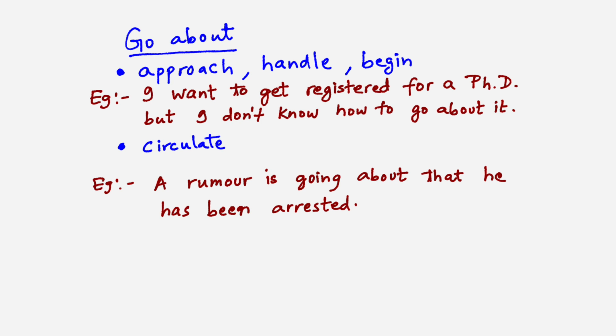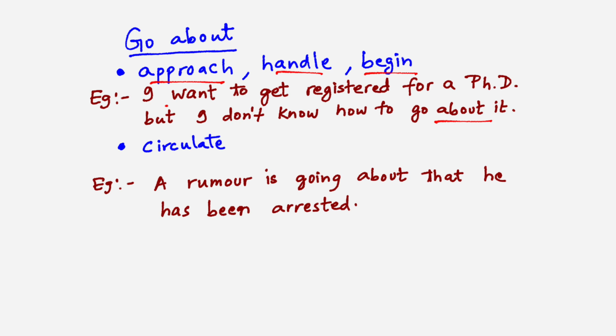The first term is go about, and the meaning is approach, handle, or begin. I'm just quoting one example here. So I want to get registered for a PhD, but I don't know how to go about it.